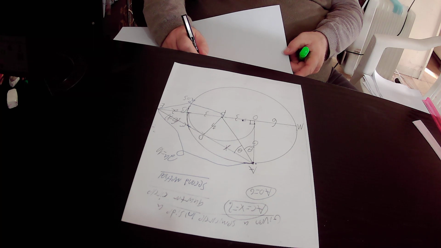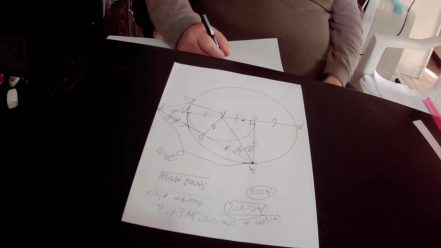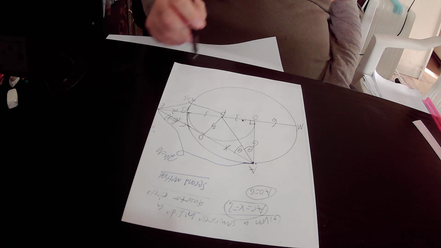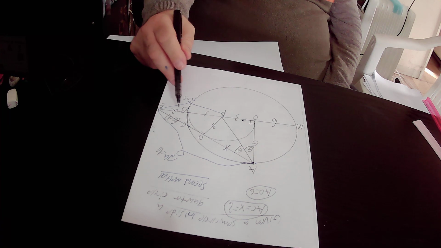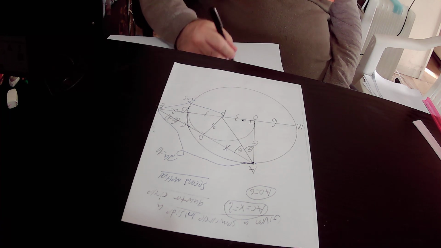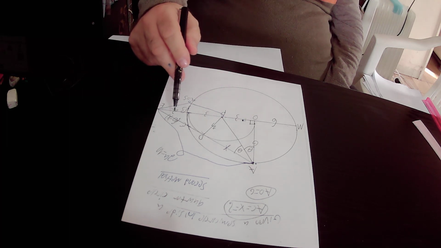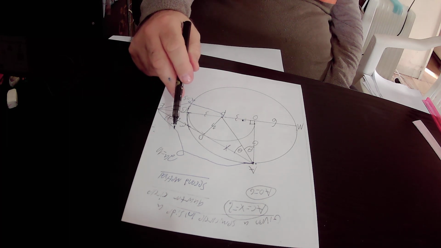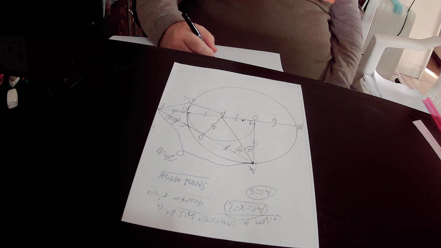EC equals 10 minus x, since CE equals 10 minus x. EA is AE, that is 10 units.